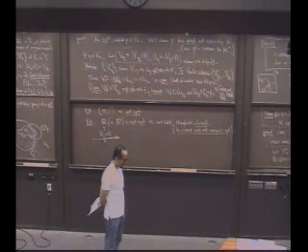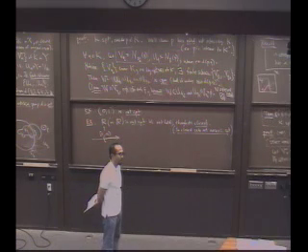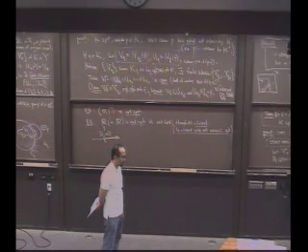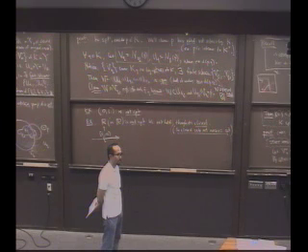I should know the answer to this, but let me just think for a second. If you have a set, I think the answer is no, but I need to think about that.